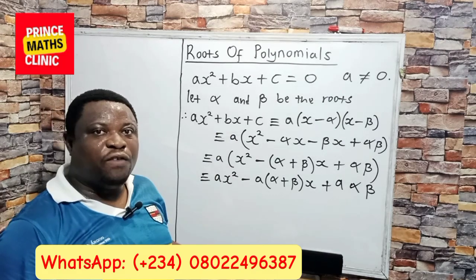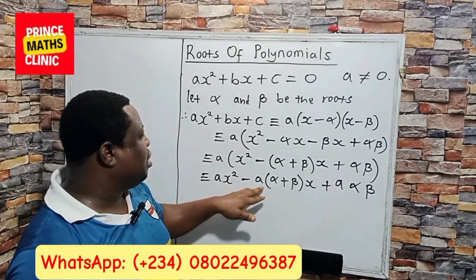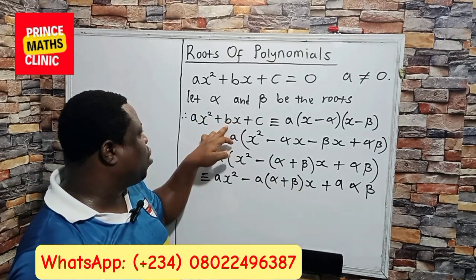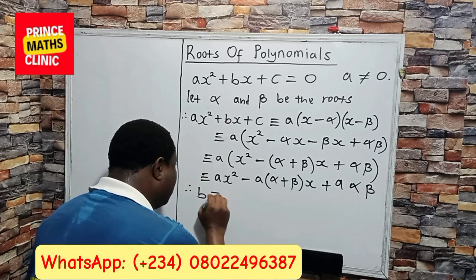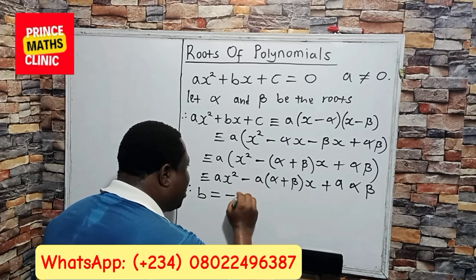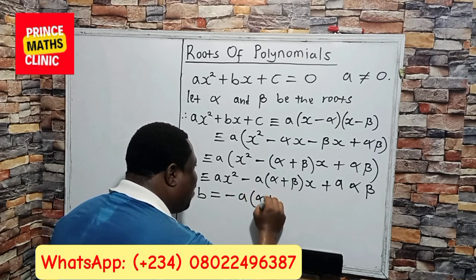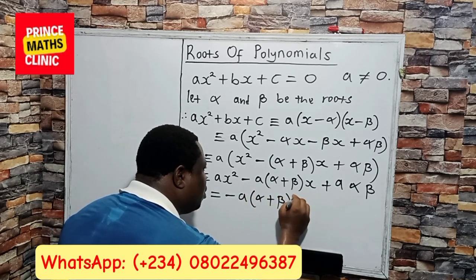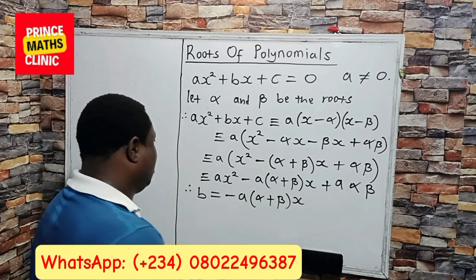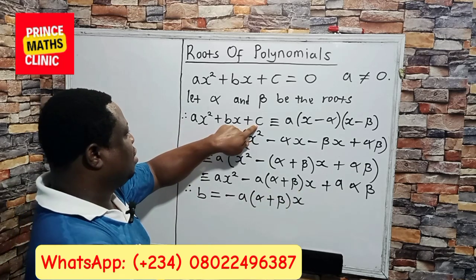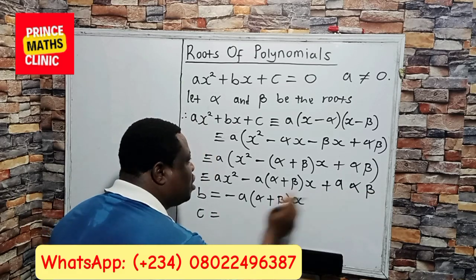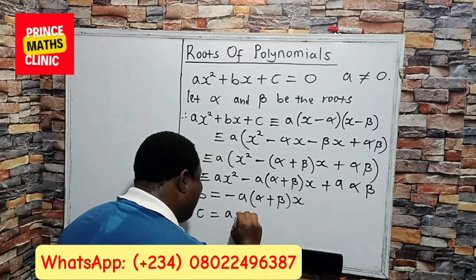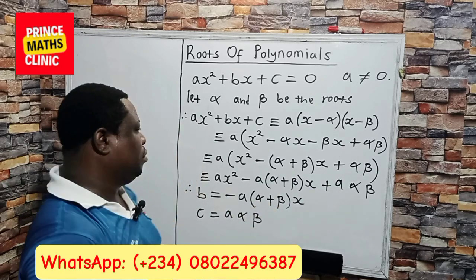Therefore, the coefficient of x, my b, is everything I have here, which is negative a times alpha plus beta. Then my c is equivalent to everything I have here, which is a alpha beta.